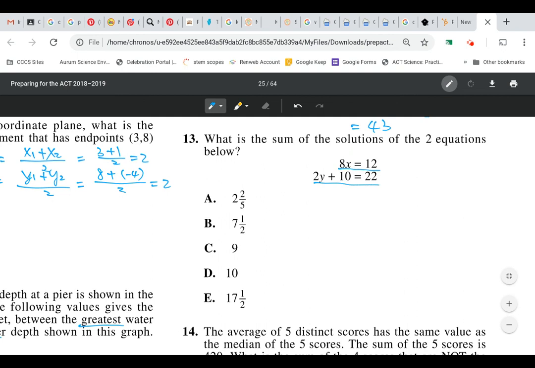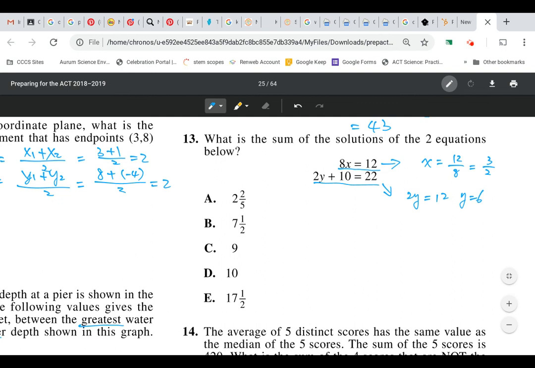So from the first equation, we can find x equals 12 divided by 8, which is 3 over 2. On the second equation, we can find 2y equals 12, so y equals 6.